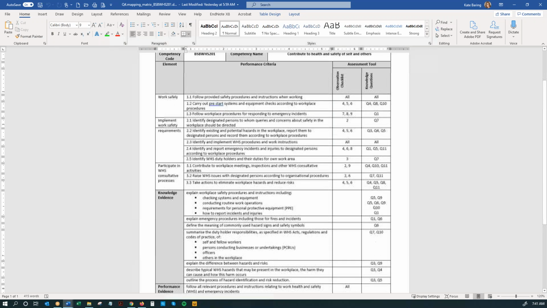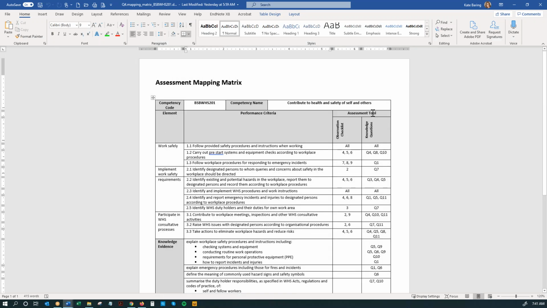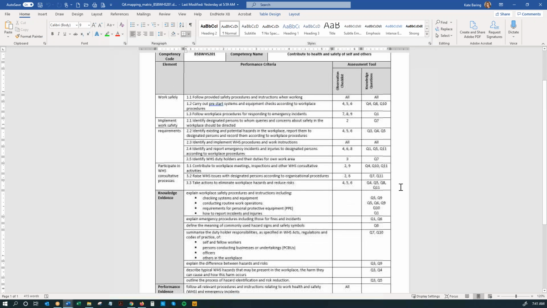So we put it into a template, and then down the right-hand side, we have columns that cover off as many different assessment tools as you believe you need for this unit of competency. So you may have more than 2 assessment tools. This example is quite a simplistic one, so we just have those 2 assessment tools, the knowledge questions and the observation checklist. But we're referencing within this mapping matrix, where are we covering all of these requirements?